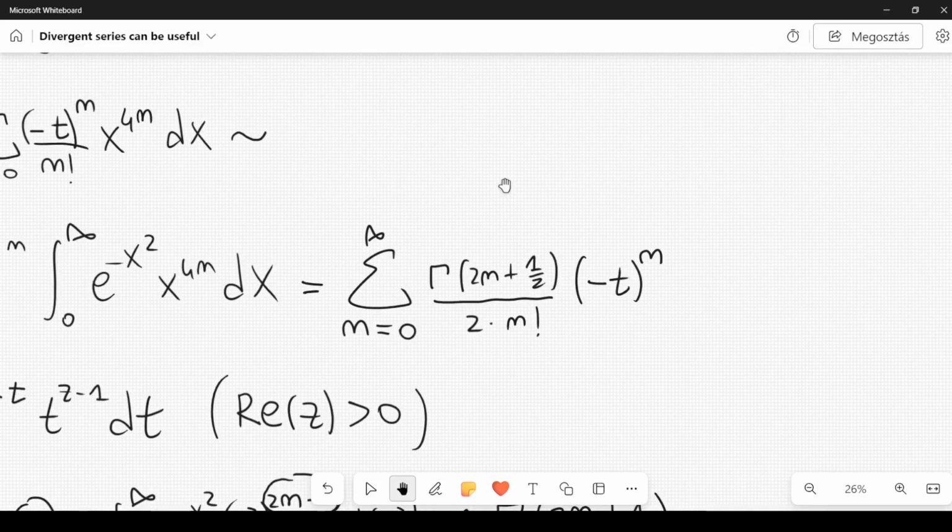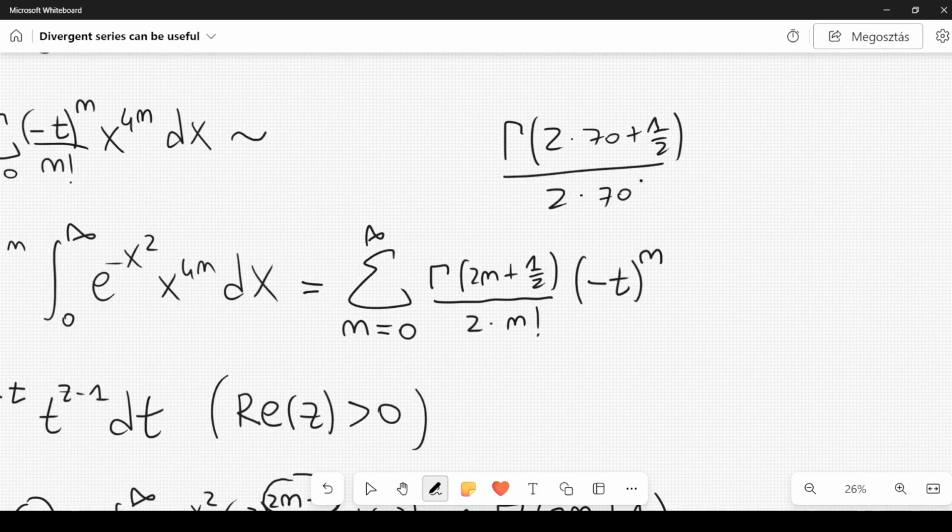Now, if you try to compute this object, I have used, for example, Wolfram Alpha. You can simply consider a function of the kind gamma of 2 times a number, for example 70 or whatever, treat this as an integer, then add 1/2, and divide by 2 times 70 factorial.